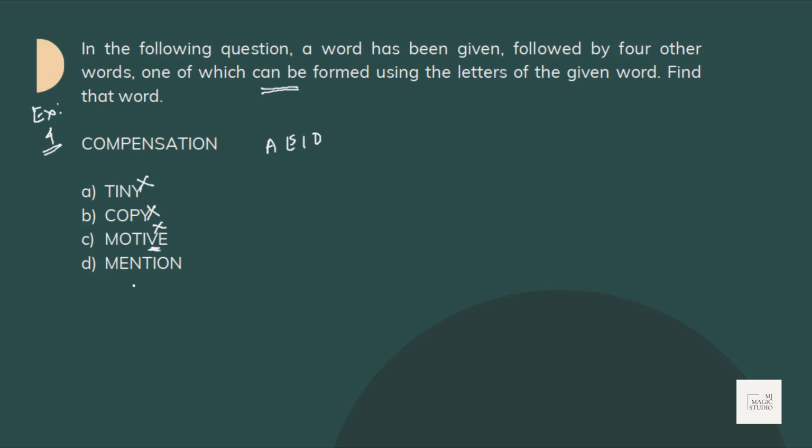I don't think we have V here. Okay, we don't have V, isn't it? So which word can we form? Obviously the 4th one we can form. Let's check. MEN is there, MEN-TION. We can form the word mention, and it shouldn't take more than 5-10 seconds. So quickly, we should be moving on with the next question now.